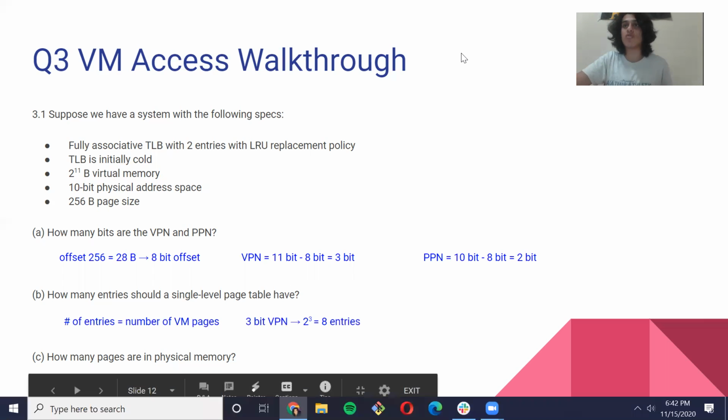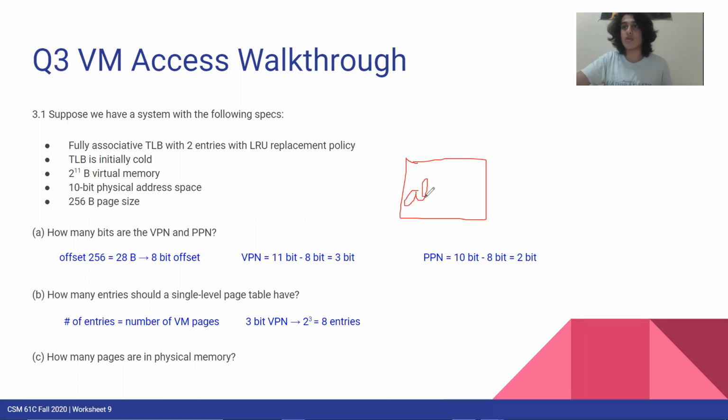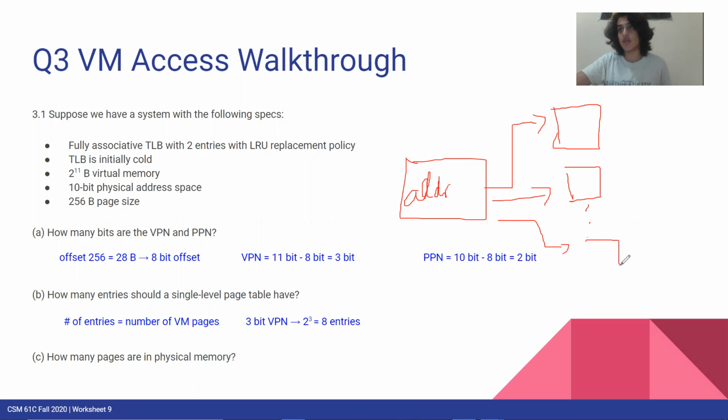So a single level page table is when we have some address space, and it can correspond to some number of entries. That's a single level page table.